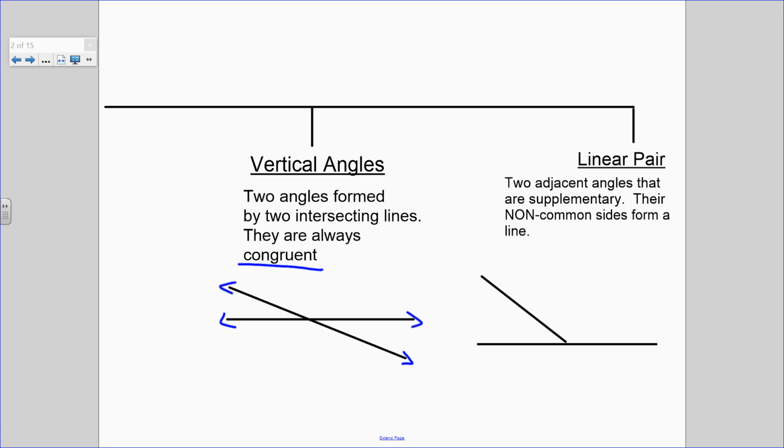Now let me show you the angles that are vertical angles that are formed. So this would be one pair of vertical angles. This would be another. So this would be one pair. They're always going to be the same. So congruent just means the same measure. So for now, write same measure for the word congruent. I'll get into the formal definition shortly.